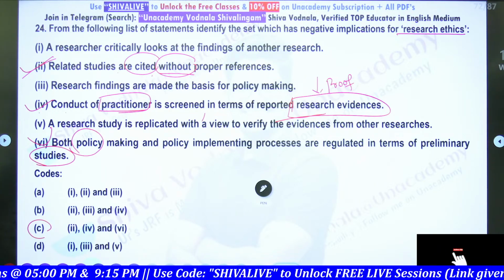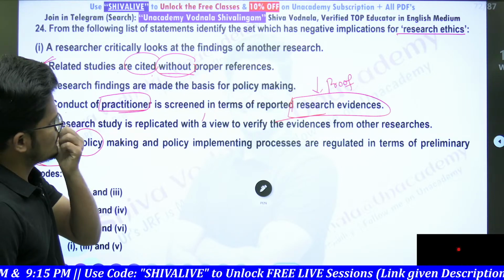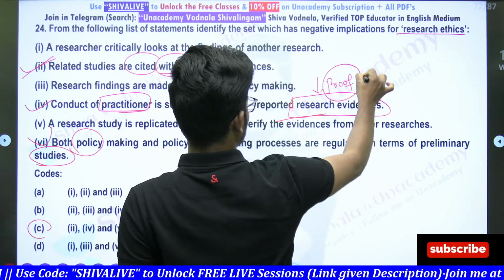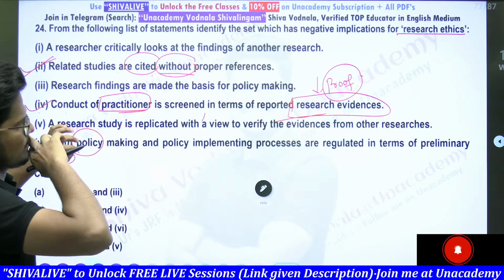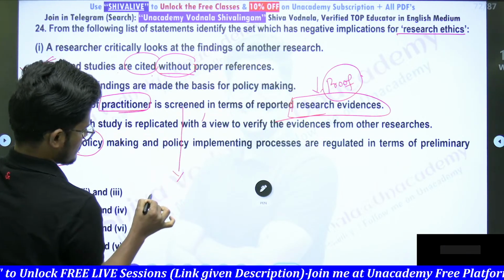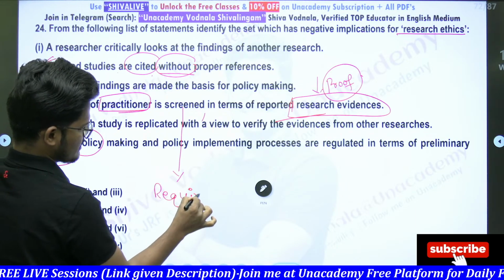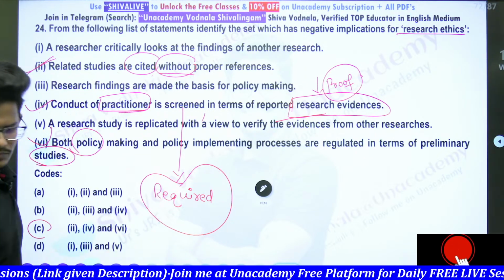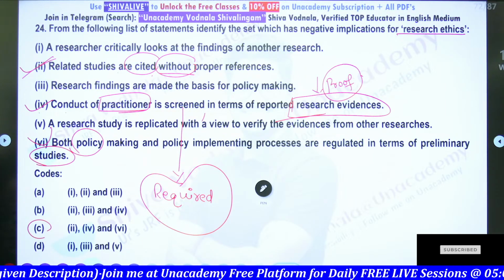Conduct of a practitioner screened in terms of reported research evidence. We should have the proof to substantiate our analysis. Here screen is nothing but who are required for our study. We need to screen only that type of participant, and from them only we need to collect the data. Other than that, we should not collect the data. That is the meaning over here.